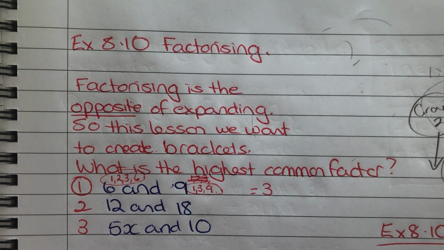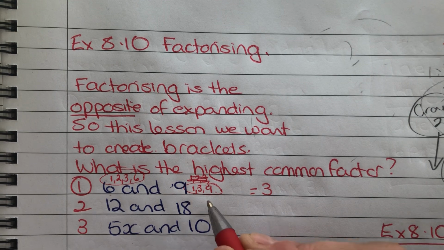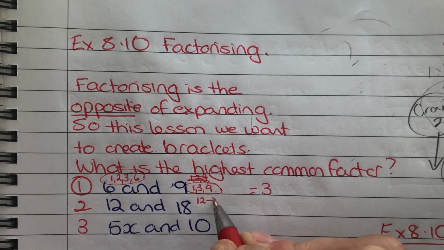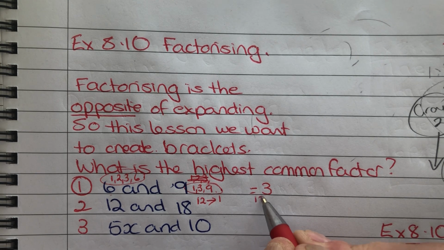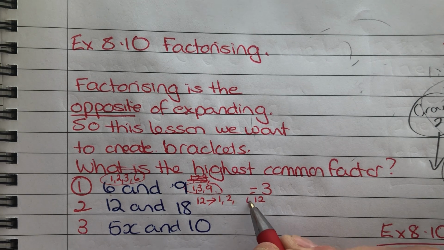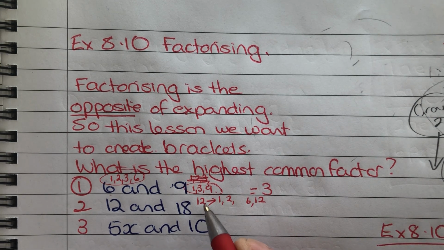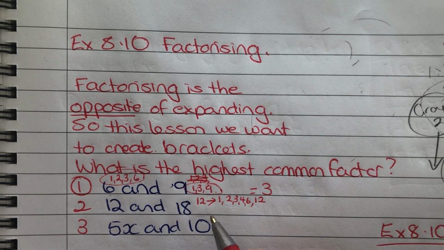Now, I'm going to keep writing out some factors, but you don't have to do this for the next one. You can listen or you can have a go yourself. So the factors for 12 are 1, and I like to do it this way if I'm no good at it: 1 times 12. What's the next number? 2, that goes in. So 2 times 6. And then the next number is 3. Well, that goes in. 3 times 4. So there's my list.